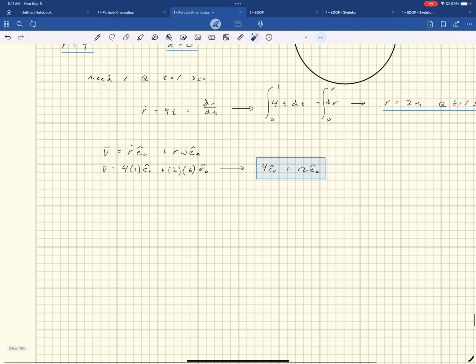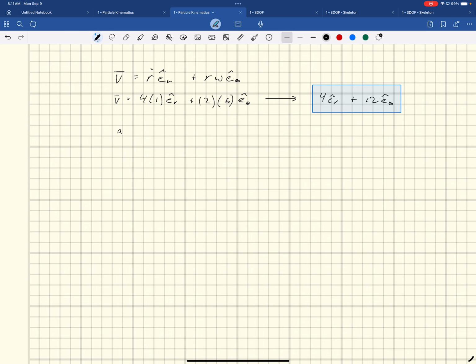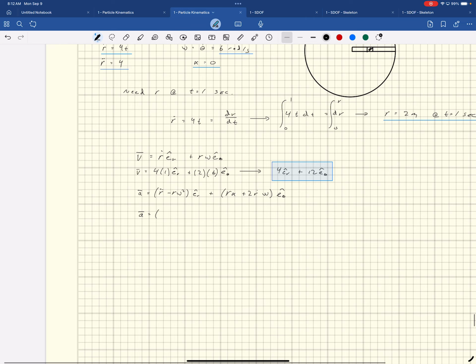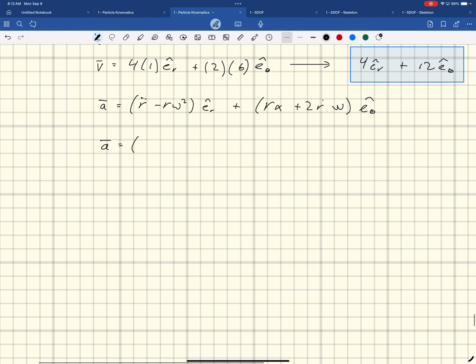Okay, that's the velocity. Then we go to acceleration. Again, just go back up to that original equation. A is equal to r double dot minus r omega squared in ER hat plus r alpha plus 2r dot omega, the Coriolis, in E theta direction. Now we just come back and substitute in everything I know. R double dot, found before, that's 4. Minus R, we figured out to be 2. Omega is 6.